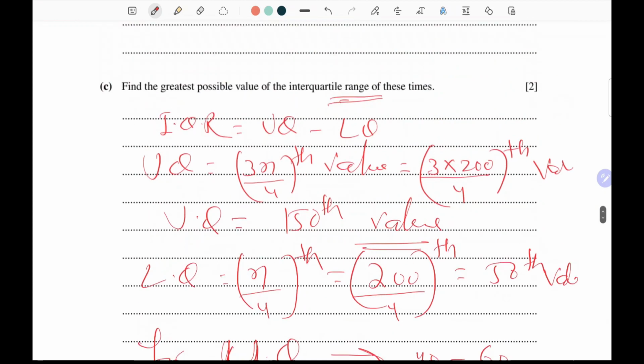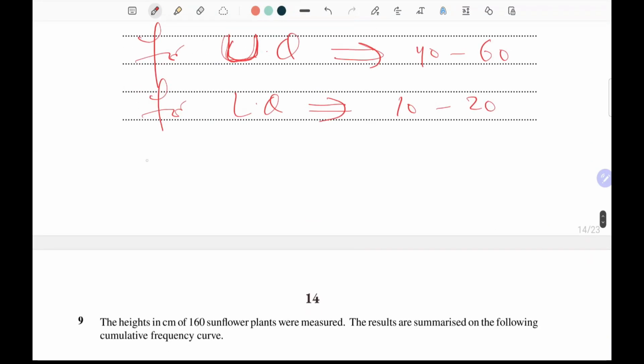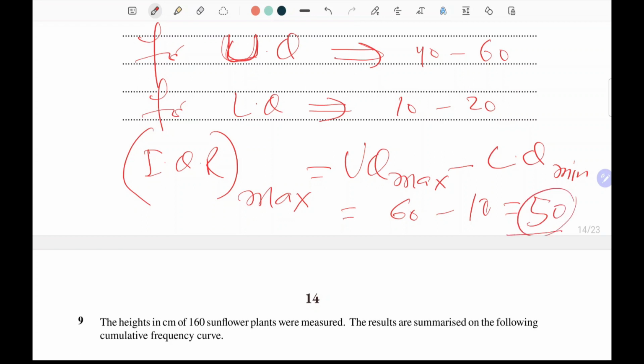But we need to find the greatest possible value of IQR. So IQR max will be upper quartile max minus lower quartile min. Did you understand? Yeah. So please tell me, the upper quartile can be from 40 to 60, so the maximum will be 60, minus the lower quartile, which can be from 10 to 20, but the minimum is 10. So the answer is 50. So it was a really good question.